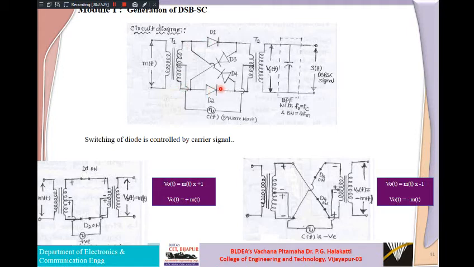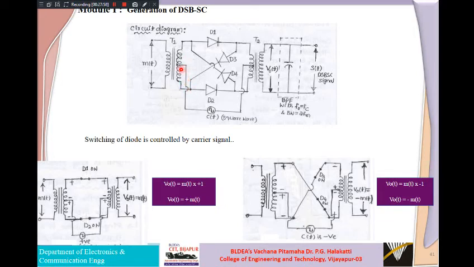Now the negative is here, and as D2 is conducting, the negative side goes there.